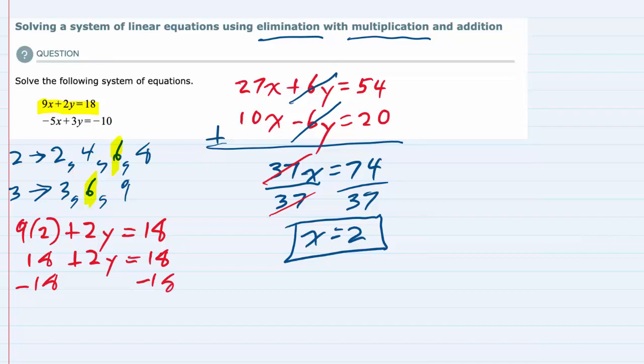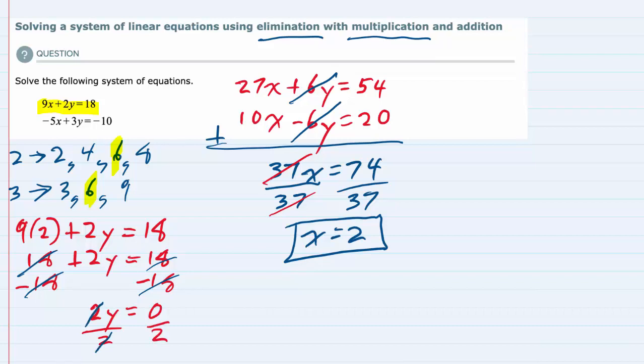And we're doing this so that it'll cancel on the left-hand side, but it also happens to cancel on the right-hand side, which leaves us with just a 2y on the left and 0 on the right-hand side because everything canceled. And from here, we can continue to solve for y by dividing both sides by 2.